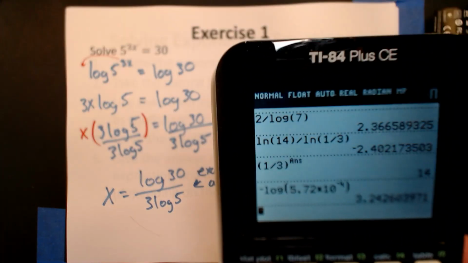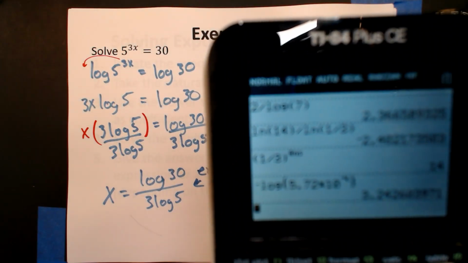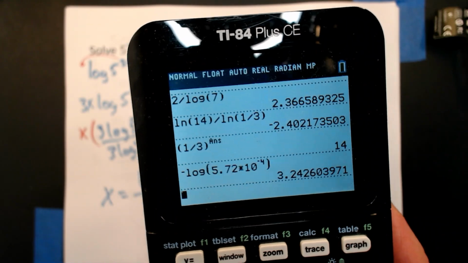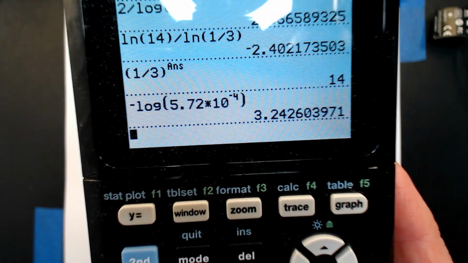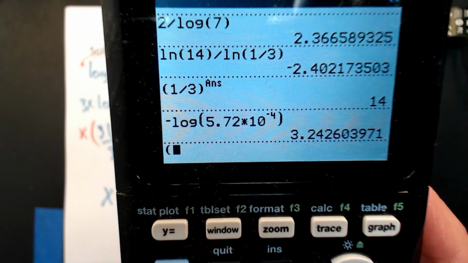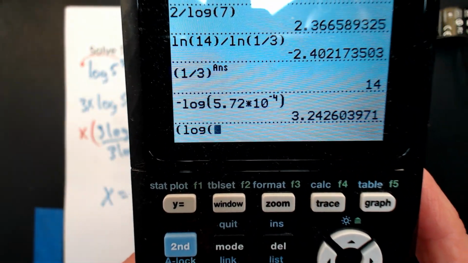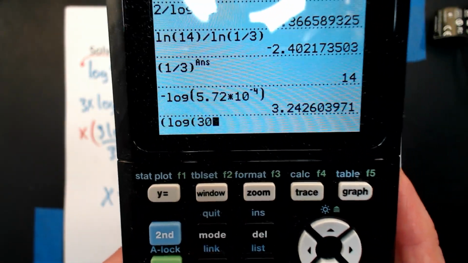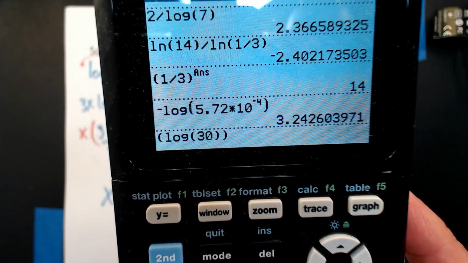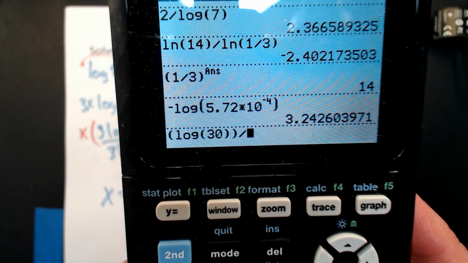So plugging this into the calculator, I'm going to put in log. I want my numerator in parentheses, so I'm going to say log of 30. I kept my numerator in parentheses just in case. It's a good habit to get into.